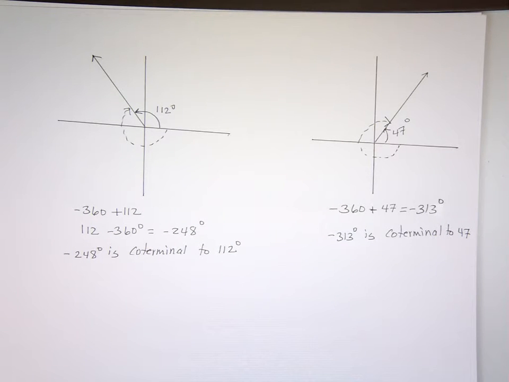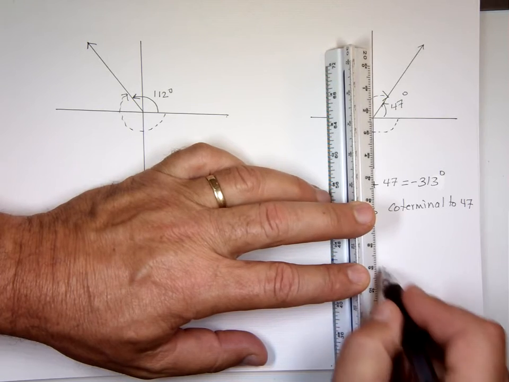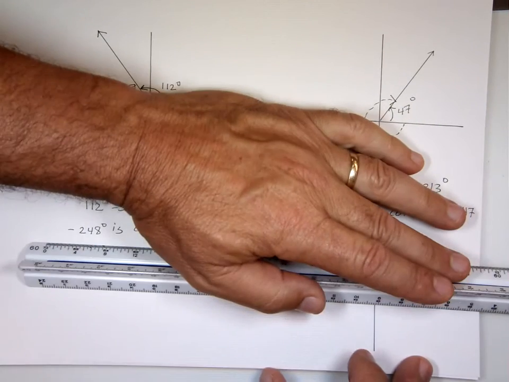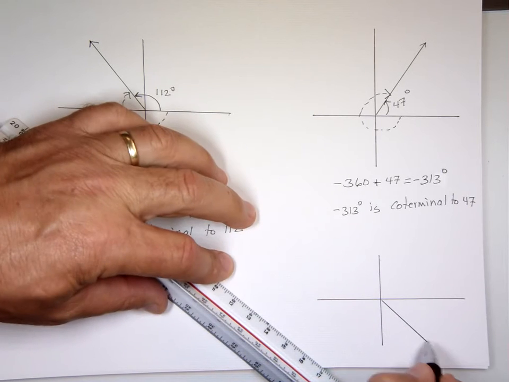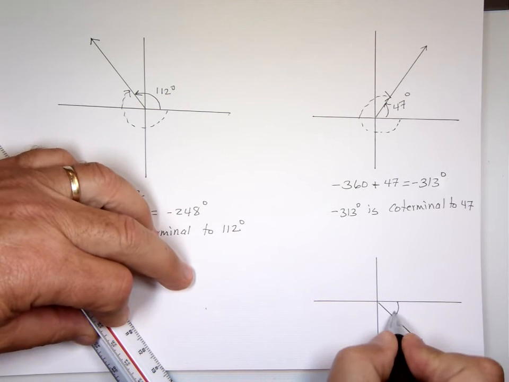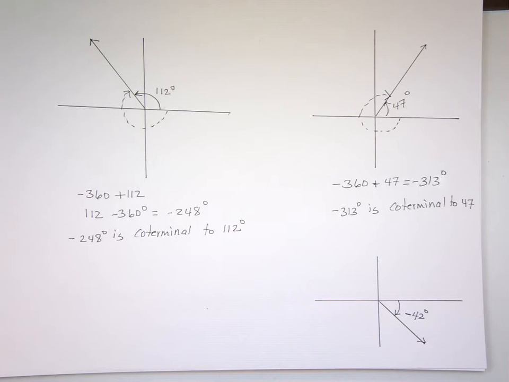If the angle is negative, you don't want to subtract, because if you subtract, you're still getting another negative angle. So let's say the angle is negative 22 degrees. That looks like more than 22. How about negative 42 degrees? What's the coterminal of that?